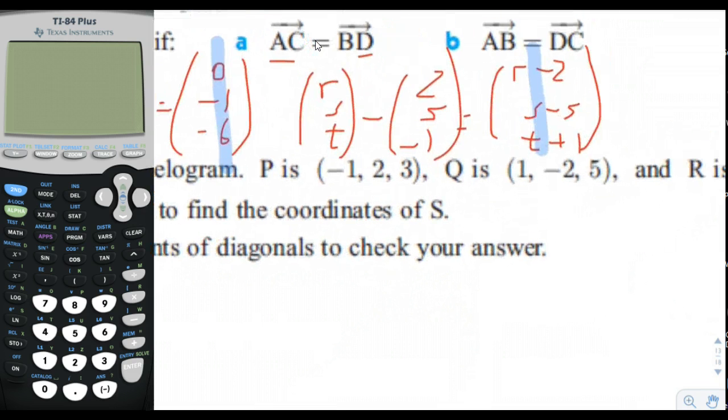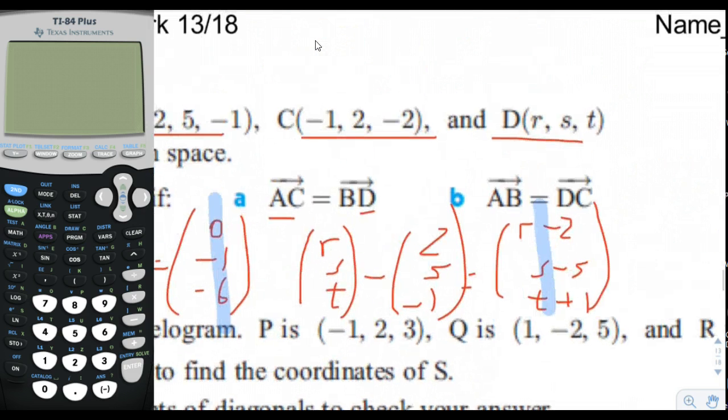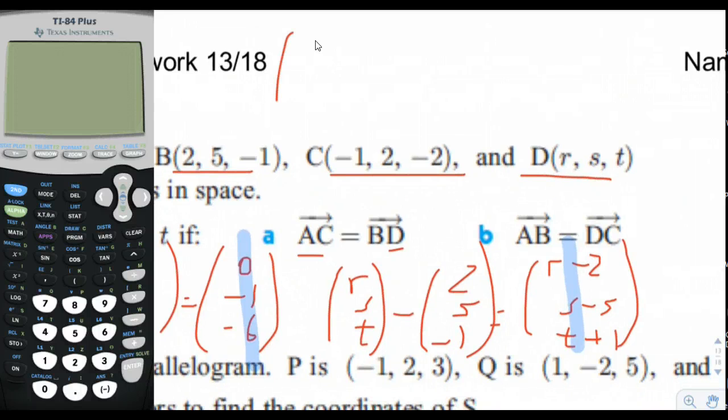So 0, -1, -6 is equal to R minus 2, S minus 5, T plus 1. Now I'm going to do a lot of this algebra in my head, and I don't want that to confuse you. You can write it out.